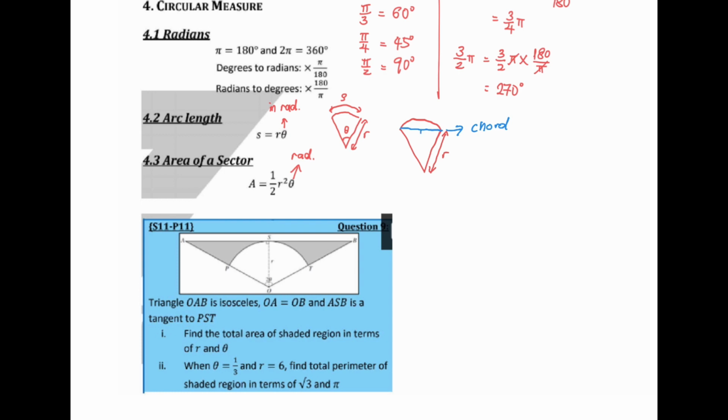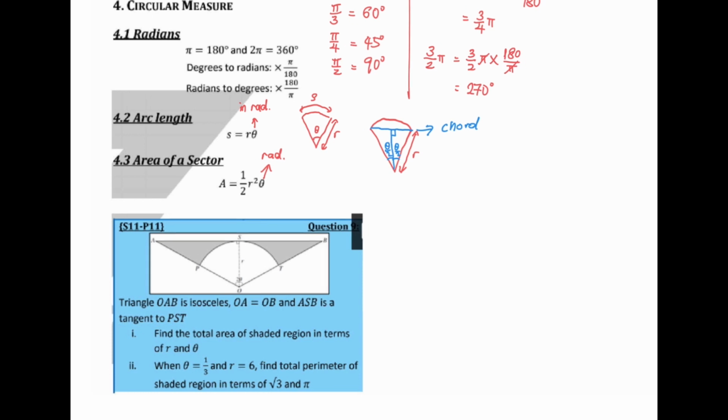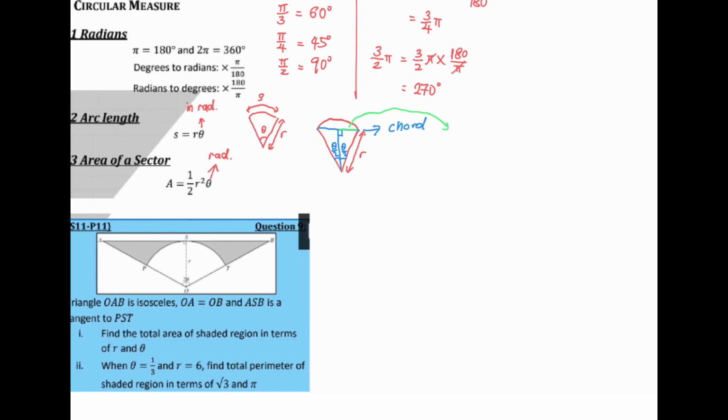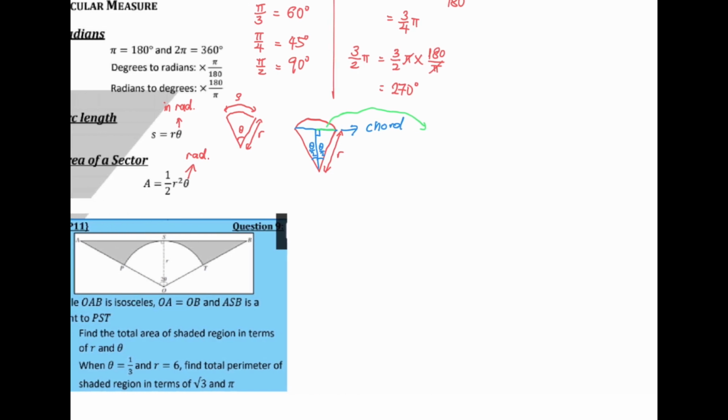So if you derive it, you have to add a line in the middle, where here is 90 degree, here is theta over 2. Originally it is theta, so you cut a line in the middle, it becomes theta over 2. Okay, so then you can find out this particular length, which is here to here, that is half of the chord length basically. So you use sine theta over 2 equal to opposite over hypotenuse.